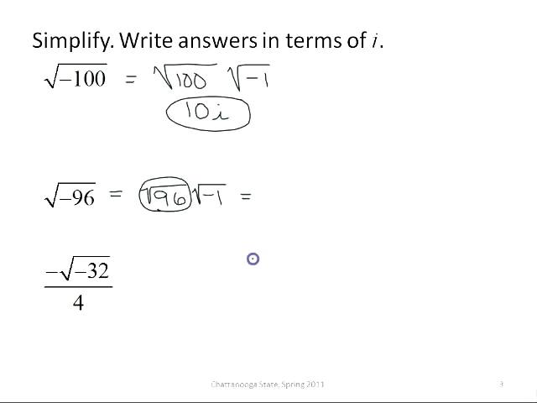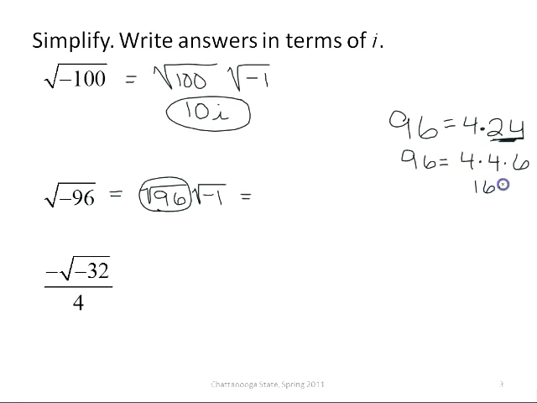If I divide 96 by 4, I'm going to get a 24. So I know that 4 will go into it. But if I look at that, I know that 24 also contains a perfect square. 24 is 4 times 6.